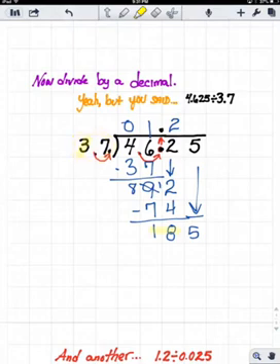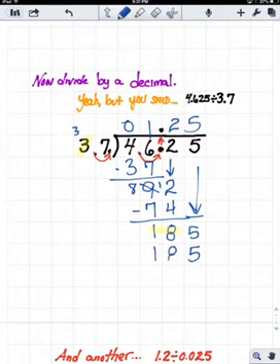Not only that, I know that if I put a 5 up top here, 5 times 7 gets me a 5 down here. So chances are that this is what I want to have there. So 5 times 7 is 35, carry the 3. 5 times 3 is 15, plus 3 is 18. When I subtract, I get a 0. Lo and behold, we have another terminating decimal.